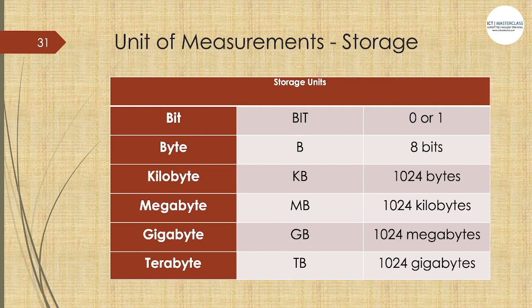So we say 8 times 8 times 8 times 8 times 8 times 8 times 8. But this is theoretical. Practically, you won't be wrong if you say 1000 bytes makes a kilobyte. But theoretically, you always see the number 1024.